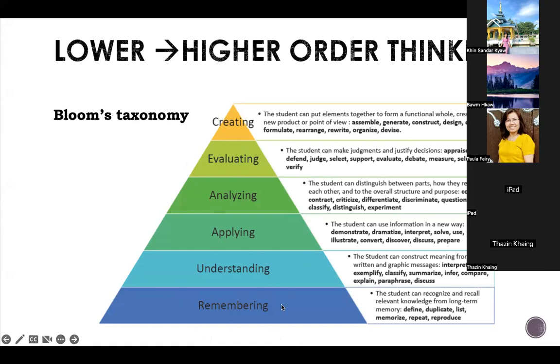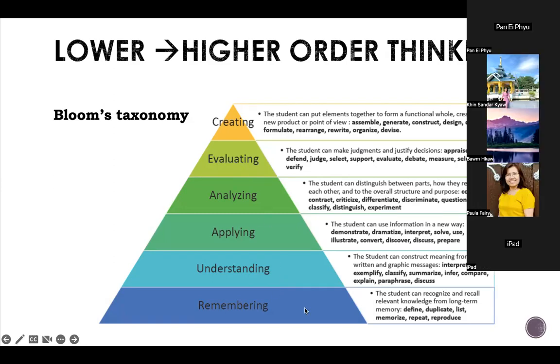Here in the pyramid, at the bottom you can see remembering. As you know, remembering is very important. It is an extremely important step to remember things. Remembering is lower order thinking, but based on this, we can move to other levels of thinking.